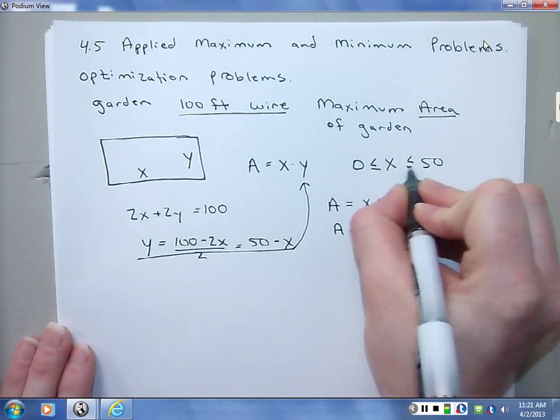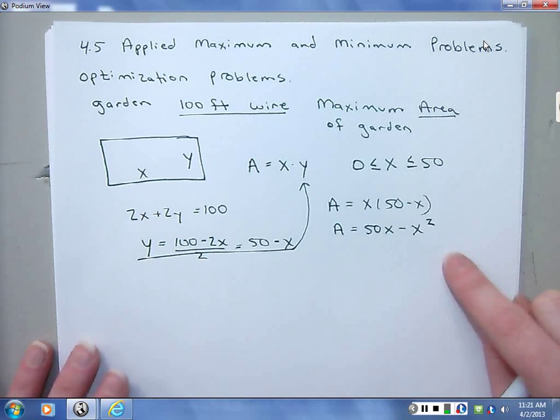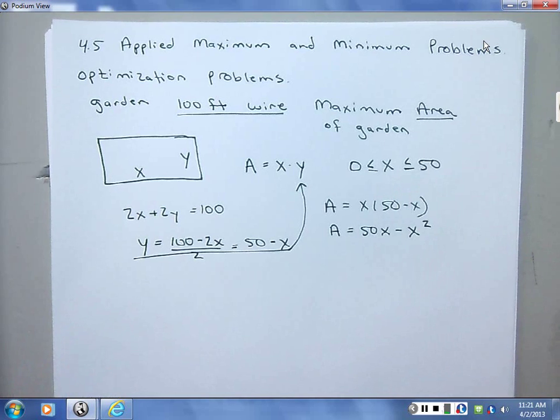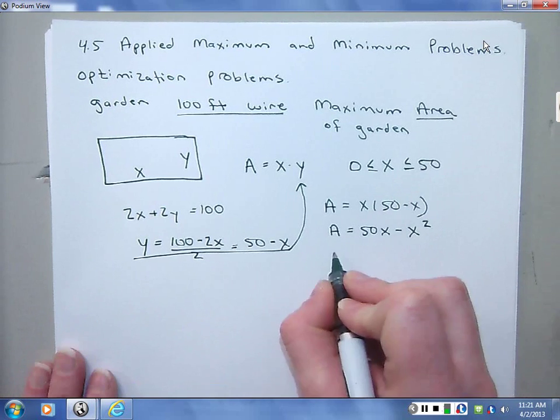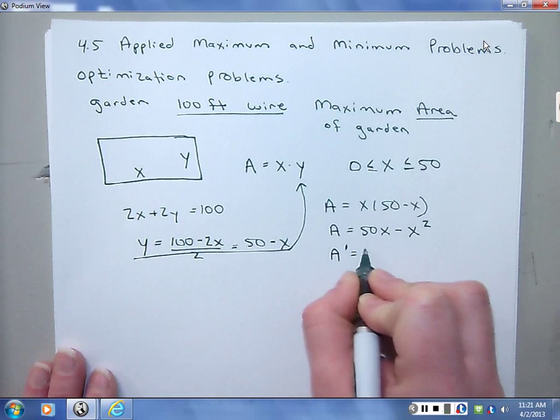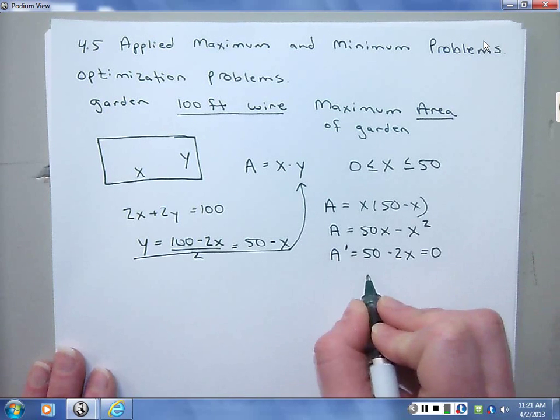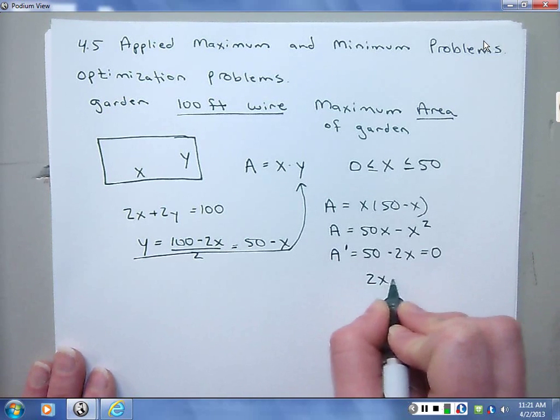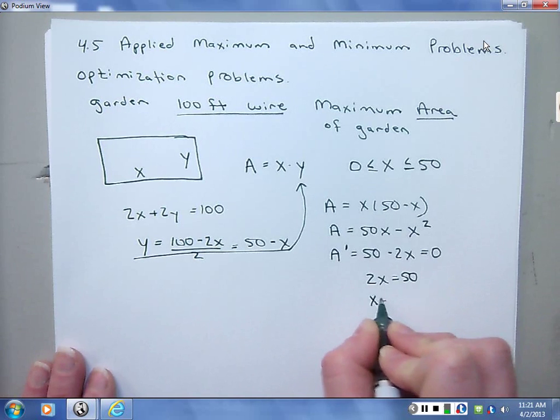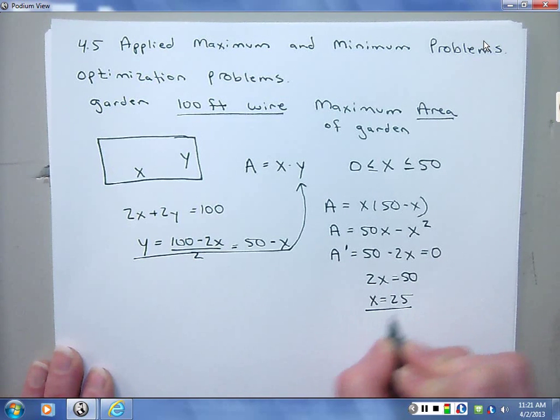So I want to keep that in mind when I differentiate it. The critical point has to be on this interval, or it doesn't make sense. So now differentiating A, I get 50 minus 2x equals 0. Then I have 2x equals 50, so x equals 25. Well, if x equals 25, then y equals 25, right?